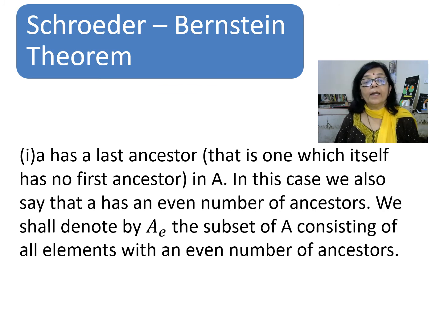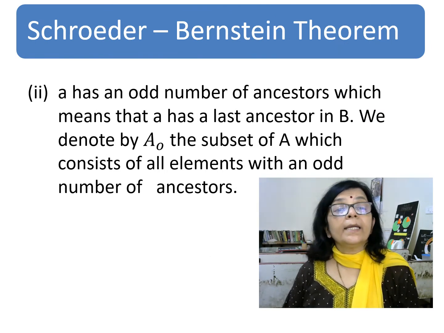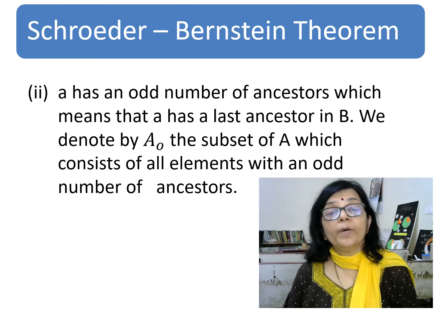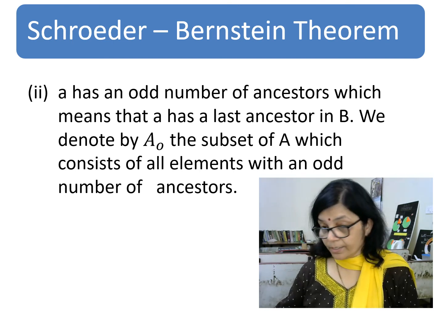We shall denote by A_E the subset of set A consisting of all elements with an even number of ancestors. The second possibility is that a has an odd number of ancestors, which means that a has a last ancestor in set B. We denote by A_O the subset of set A which consists of all elements with an odd number of ancestors.